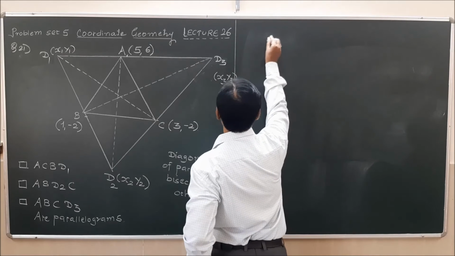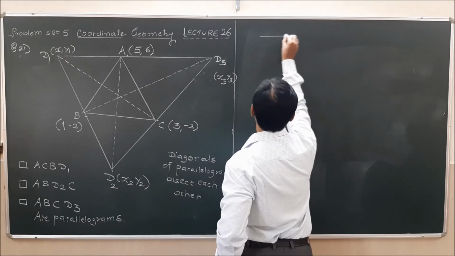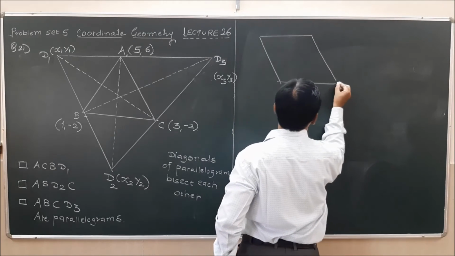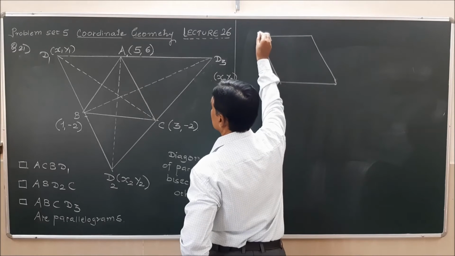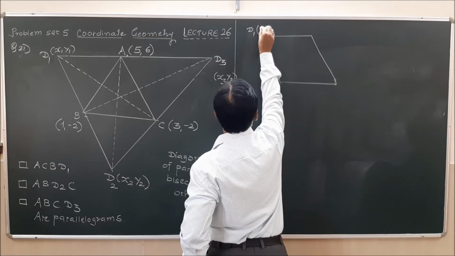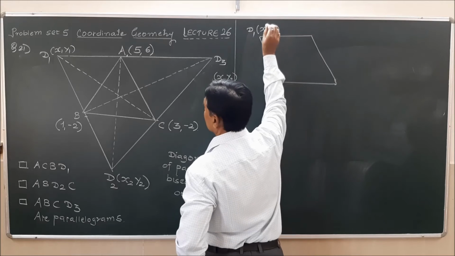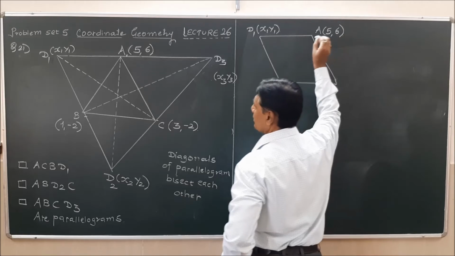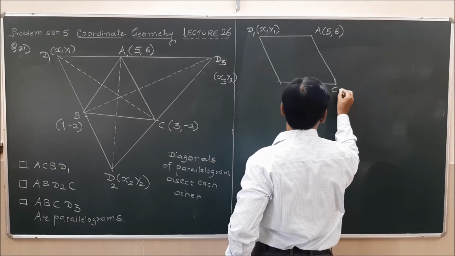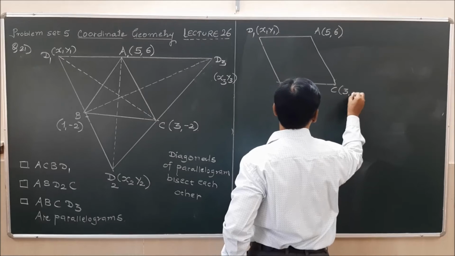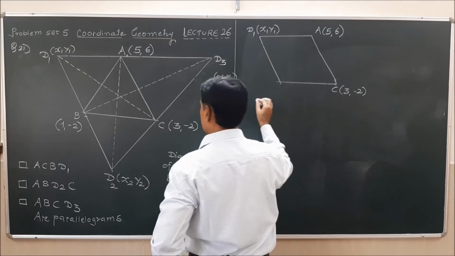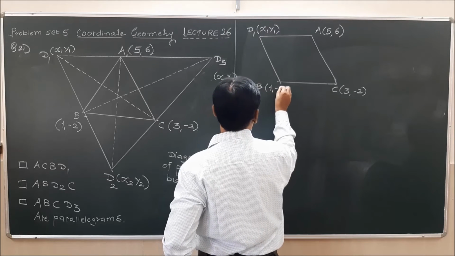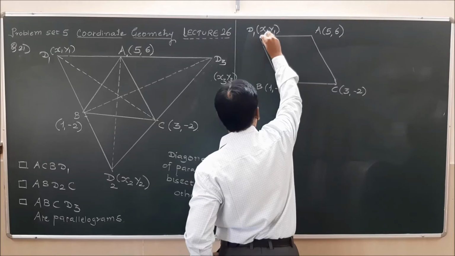If I draw the figure again for your convenience, this is D1 (x1, y1), A(5, 6), C(3, -2) and B(1, -2).